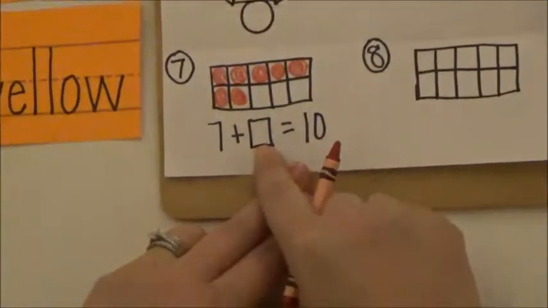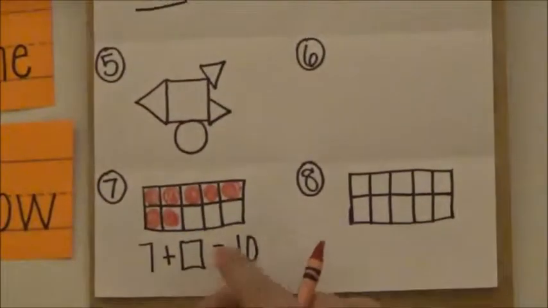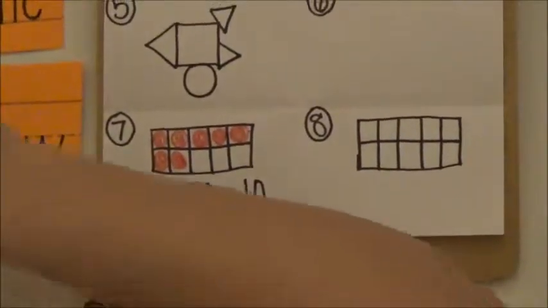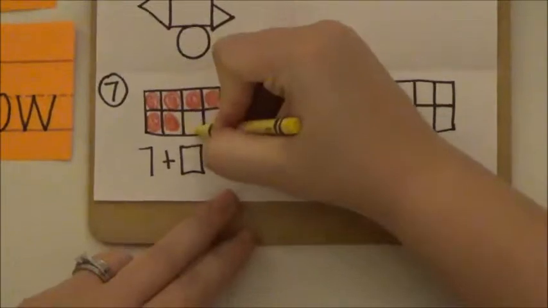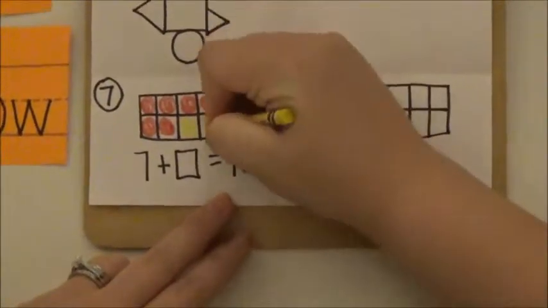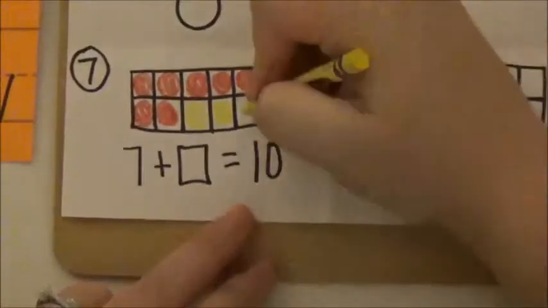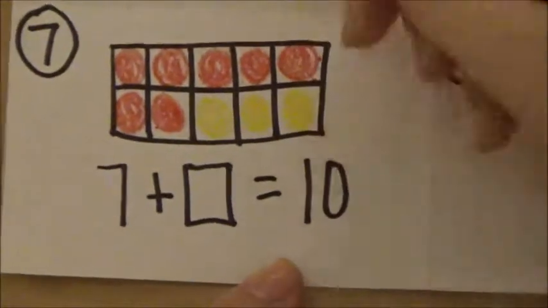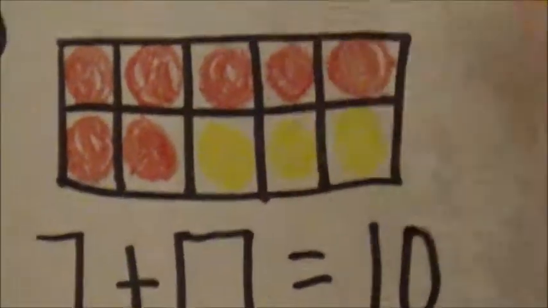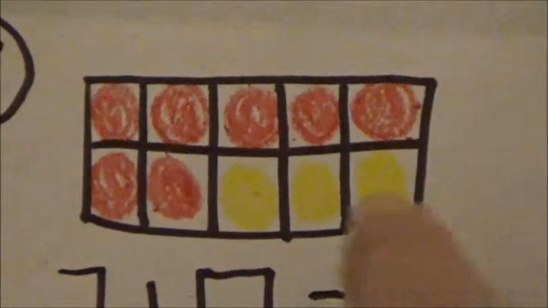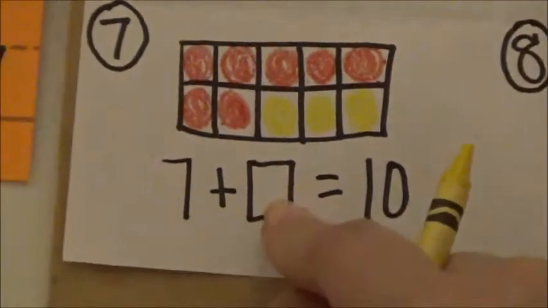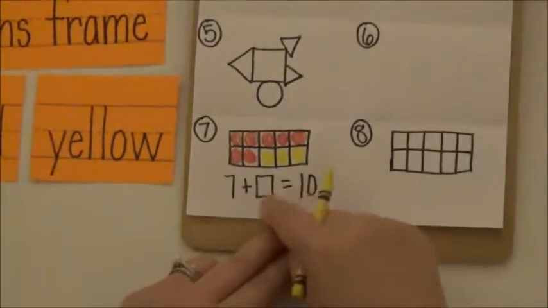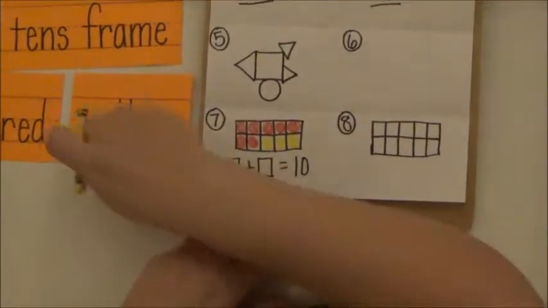And then you're going to figure out how many yellow circles you need to fill in the 10. So you're going to make the rest yellow. You can see them on your piece of paper. However many you colored in, that's how many you're going to put in this box right here, because that's our missing number. We don't know that number.